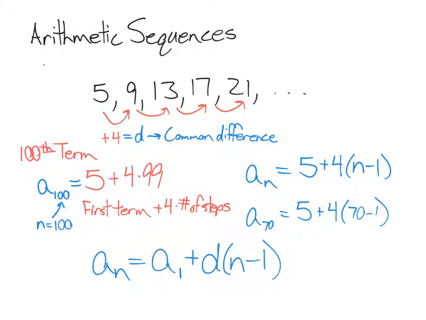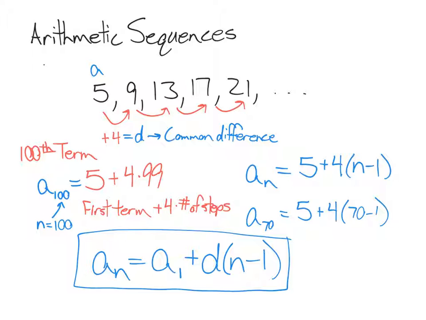So this right here, a sub 1 stands for the first number in the sequence. So 5 is a sub 1 in our example here. And then, 9 is a sub 2, a sub 3, and so on. Now, if you understand this, then, as long as you know it's an arithmetic sequence, you can pick these things out.